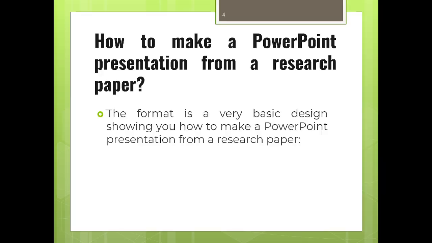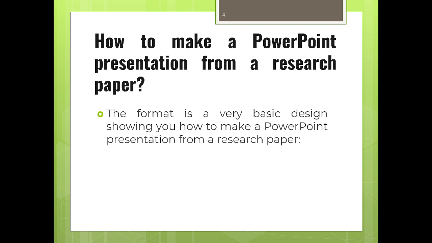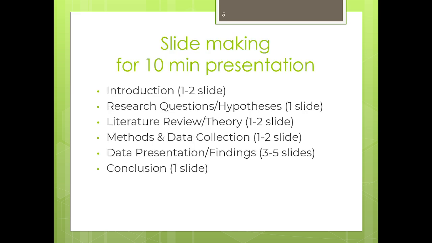The format is a very basic design, showing that you know how to make a PowerPoint presentation from a research paper. This is a basic idea for making a presentation, a 7 to 10 minute presentation. In this, you must include these slides. The slide numbers are not fixed; you can vary them with your presentation.